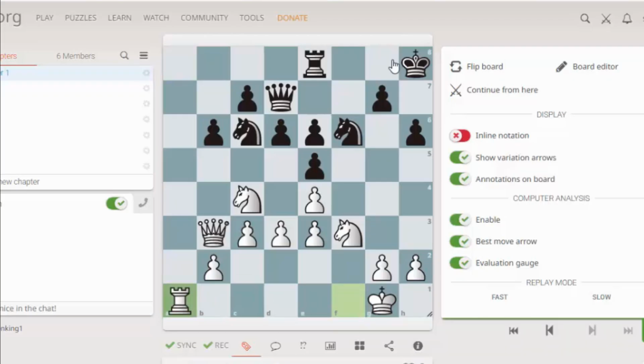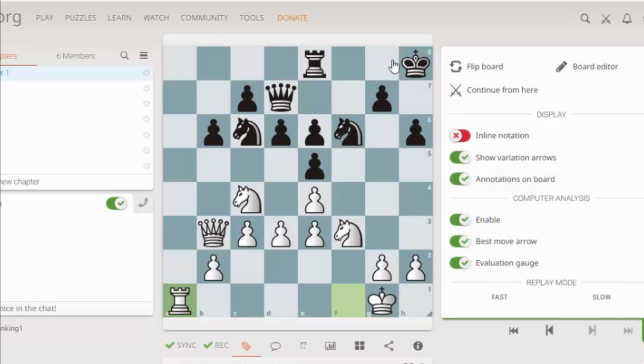Now let me capture this. Ra1 x a1. Okay. Now, where is the white rook at? It's at F1. Okay. So first, Rf1 x a1. So basically, the first piece is capturing the second piece.